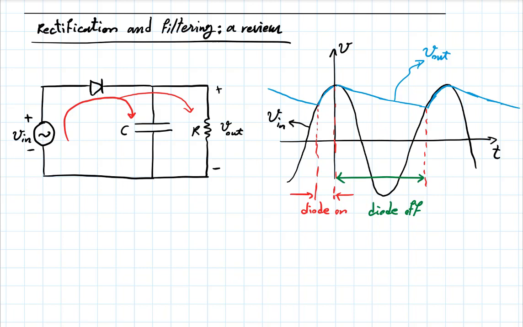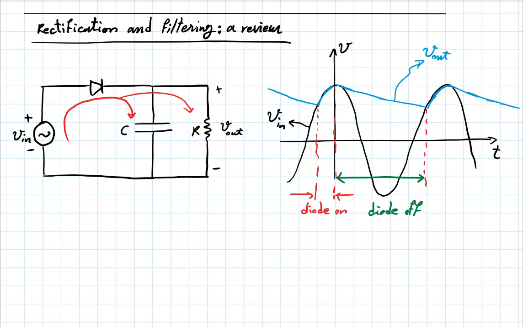But for that to happen, for the capacitor voltage to keep going down, it needs to send the current the other way around. And that can't go through the diode. The diode will allow the current to go only in one direction. So the diode then turns off.